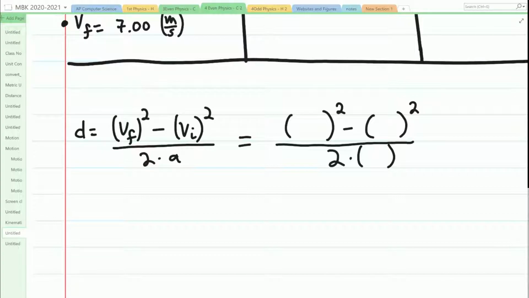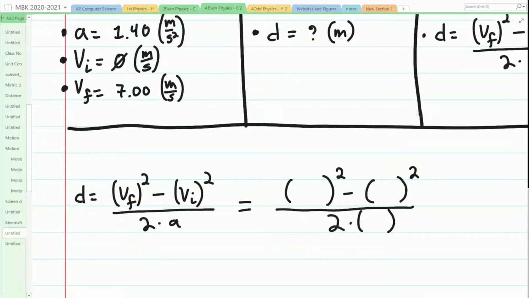So I just copy down the equation, and I just put the variables in there. So my final velocity is going to be 7.00. My initial velocity is 0. That's from here and here. And then my acceleration is going to be 1.40.